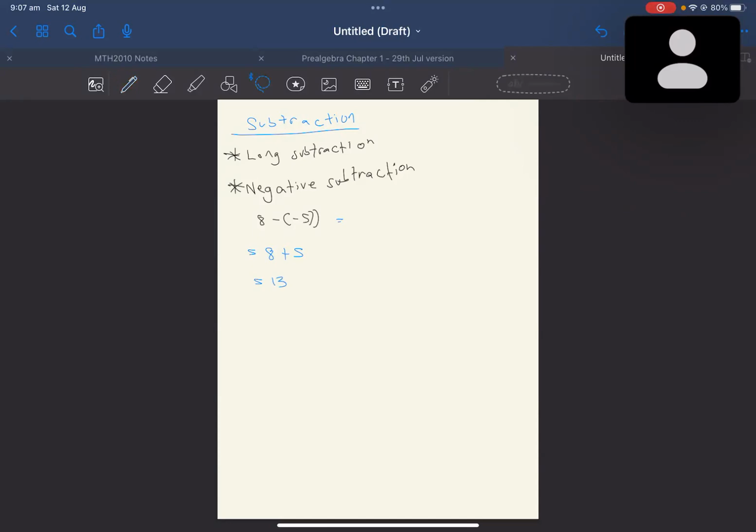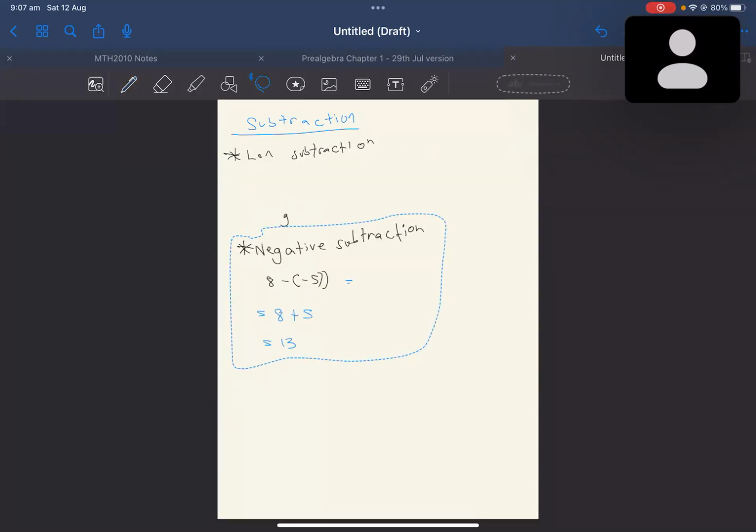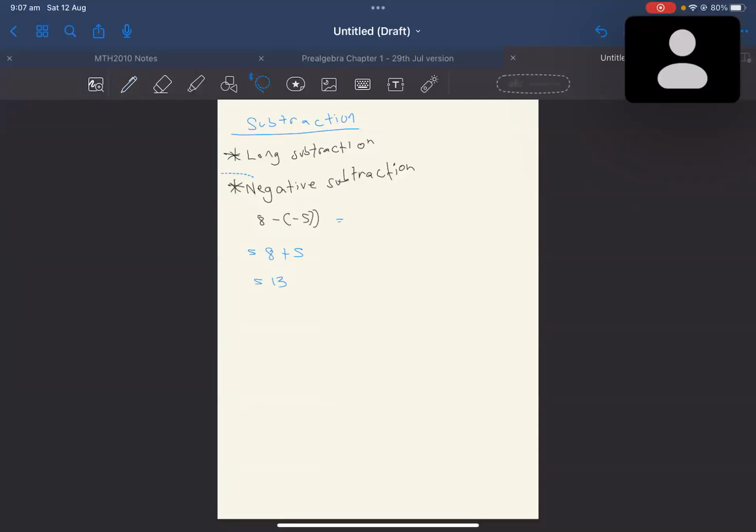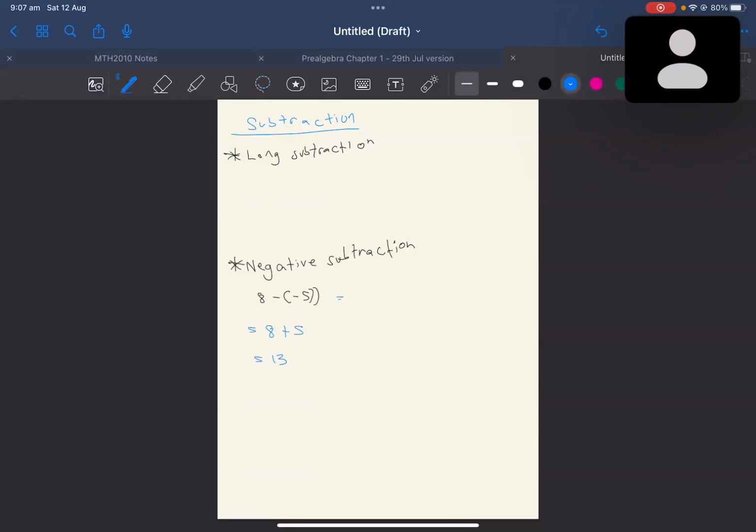And to make it make a bit more sense, we came up with a new definition. Remember the new definition of subtraction we talked about? A minus B, normal subtraction, is equal to what?